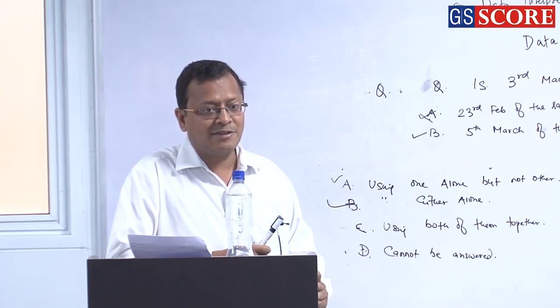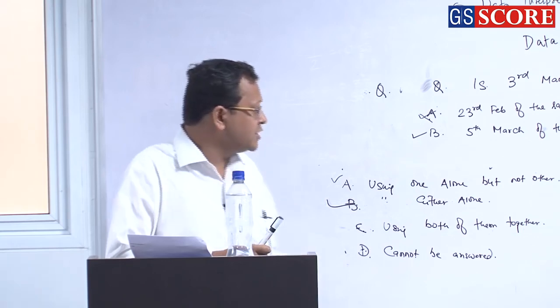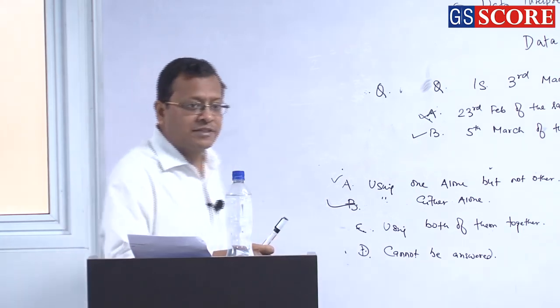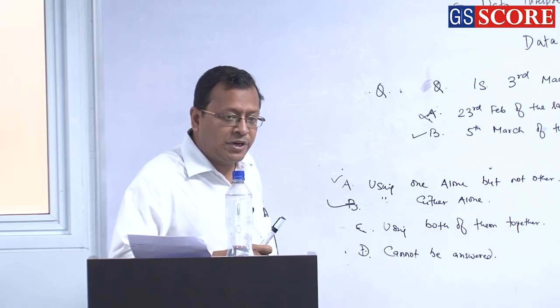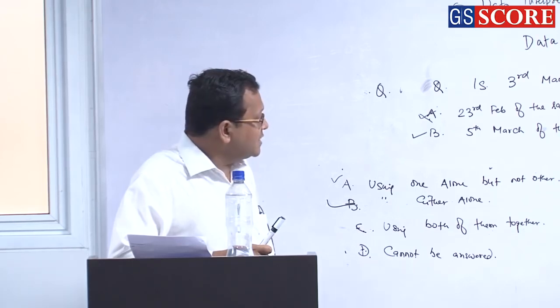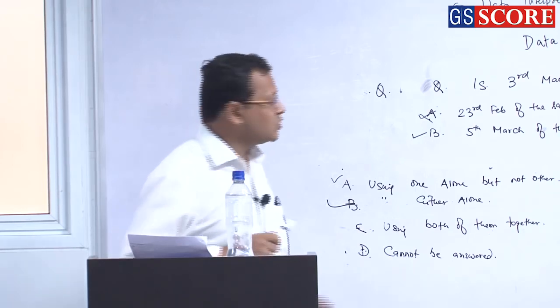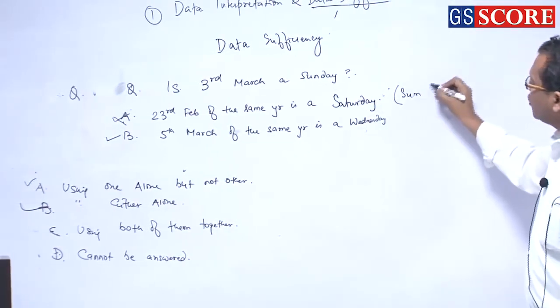Sunday, right? Because when it is not a leap year, February is of 28 days. When it's a leap year, February is of 29 days. So in that case, 3rd March will be Monday. So 3rd March will be either Sunday or Monday.